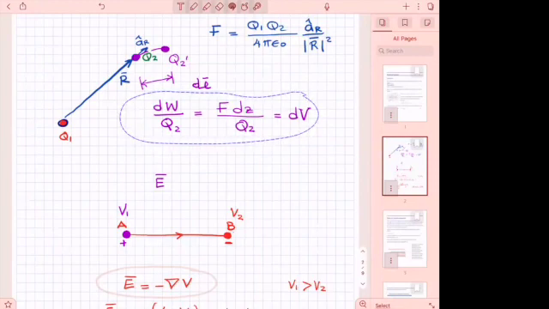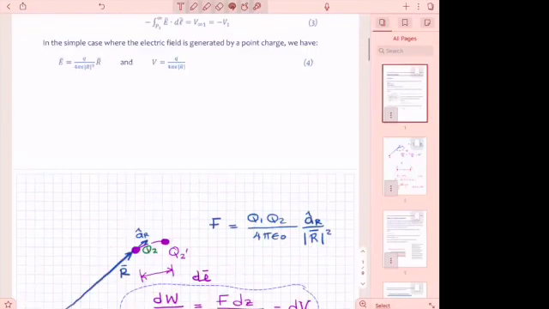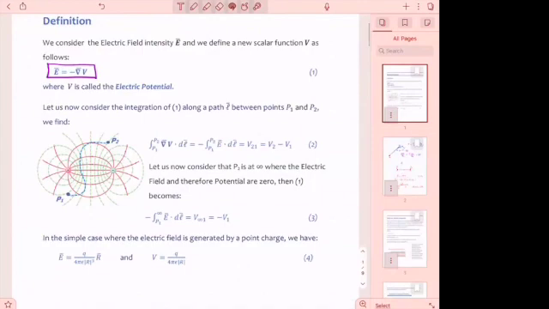Therefore, to find the total work, you will have to integrate. That's why when you go into this definition, you see integrals involved. And that gives you an expression for the electric field in terms of the voltage. V2 minus V1 is called the voltage between the two points, and that's what we are using.